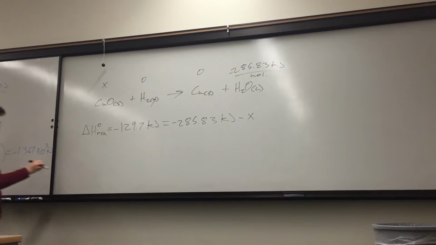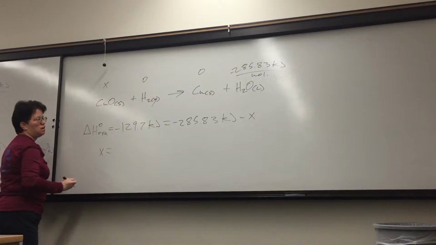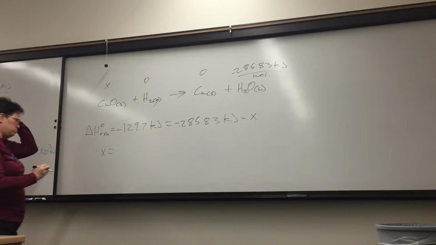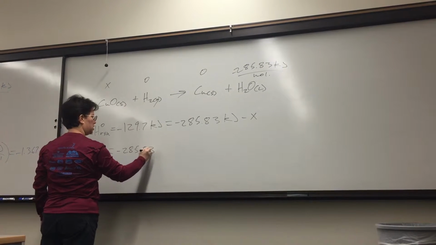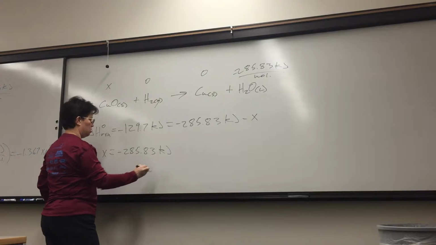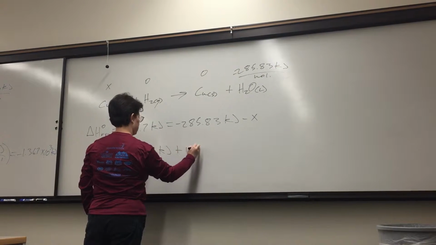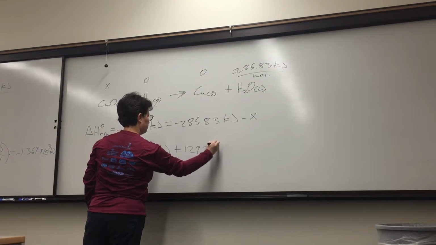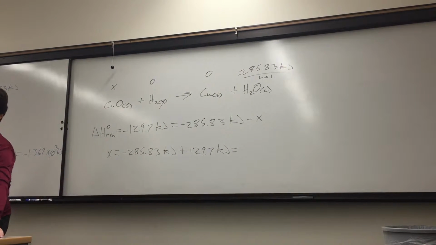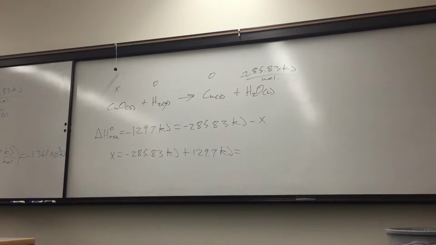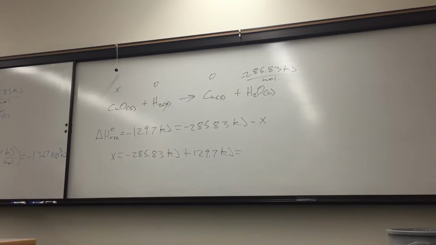So now I can solve for X. X is going to be a negative 285.83 kilojoules plus 129.7 kilojoules, right? Again, these really are kilojoules per mole. I'm just getting lazy about writing it. Okay?